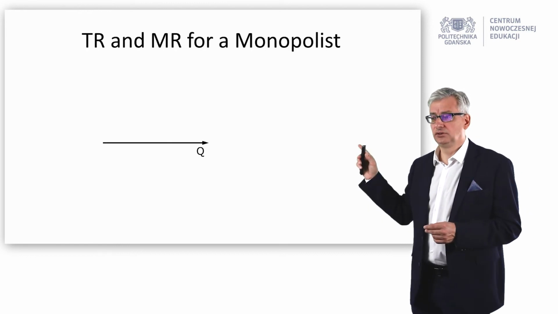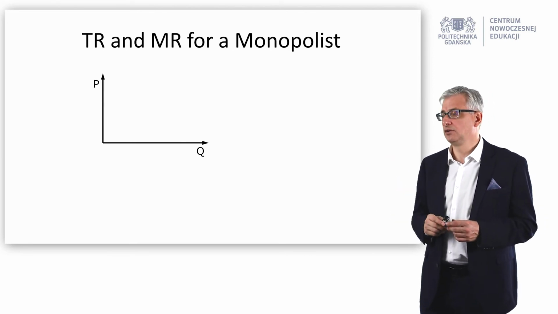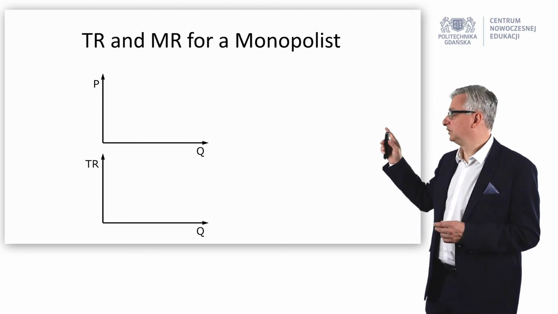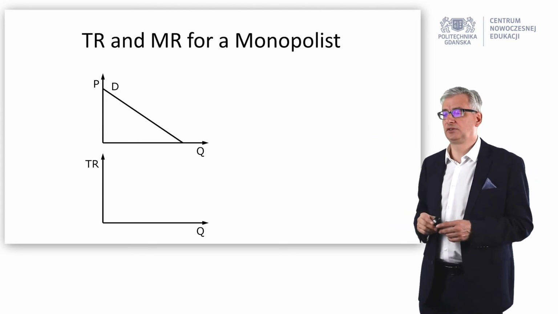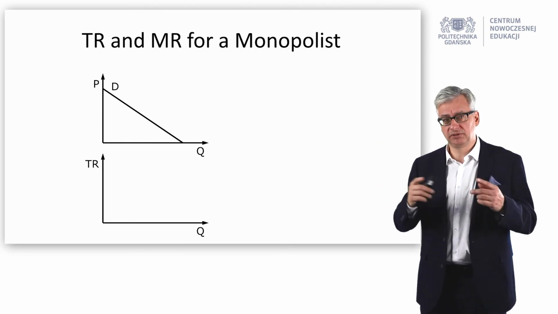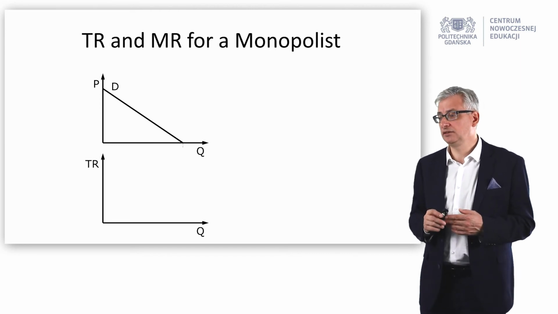Look at total revenue and marginal revenue for monopolists. So let's start with the demand. We take the first graph here. This demand would be the simplest possible, I mean a linear demand function.